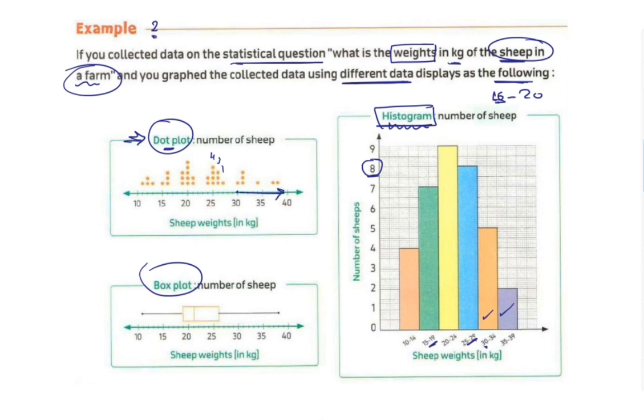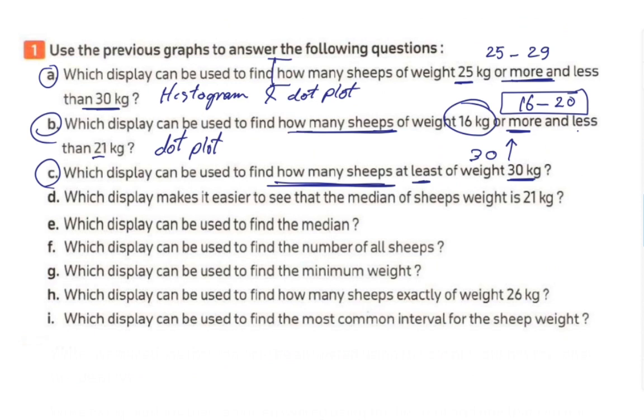Okay, now try to answer. This rectangle gives me 5. This rectangle gives me 2. It's 7. Here 1, 2, 3, 4, 5, 6, 7. The same number. So for this question I can use histogram and dot plot. Any one of these graphs I can use to answer the question.